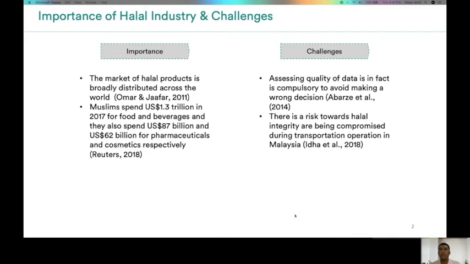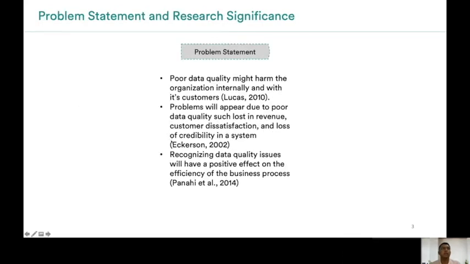So these are a few challenges which the halal industry currently faces. And then on the next slide, we will talk about the problem statement for this project.